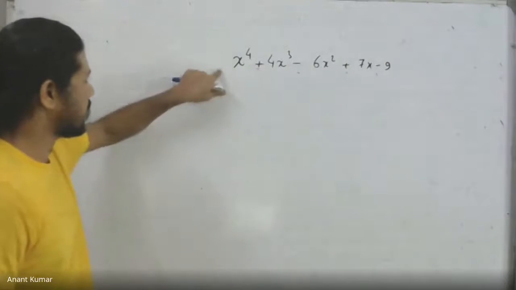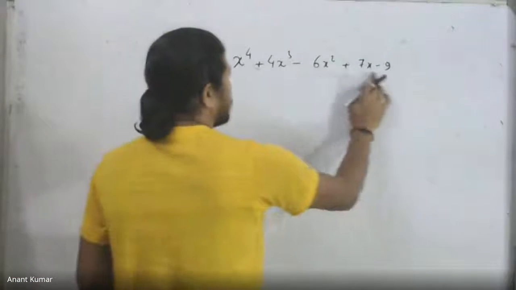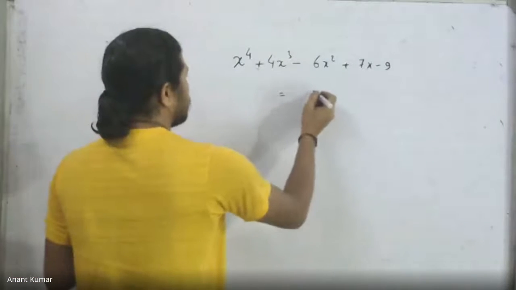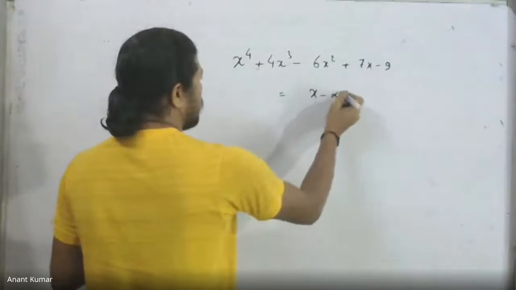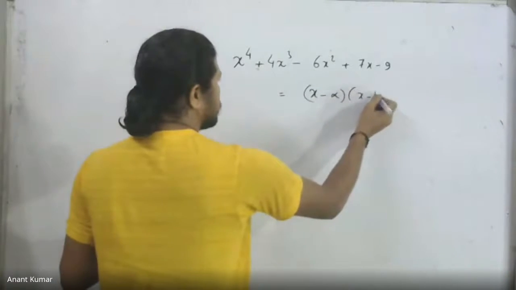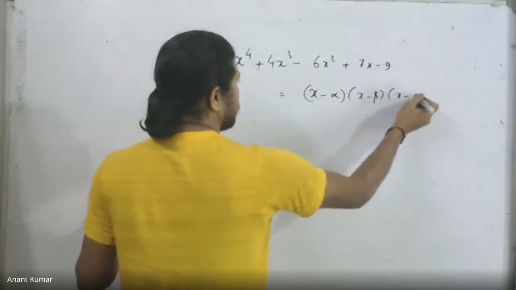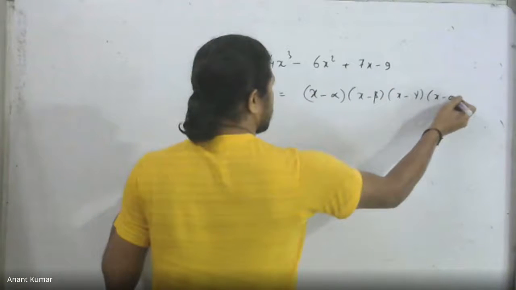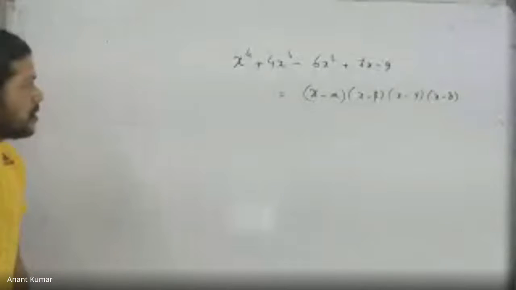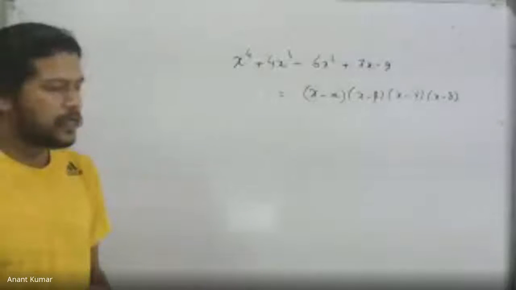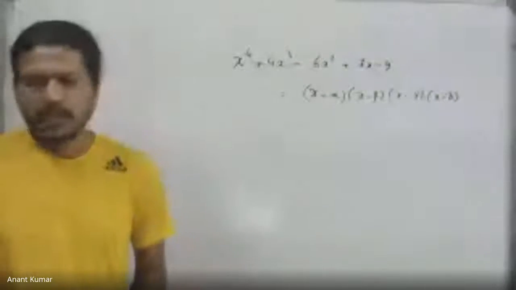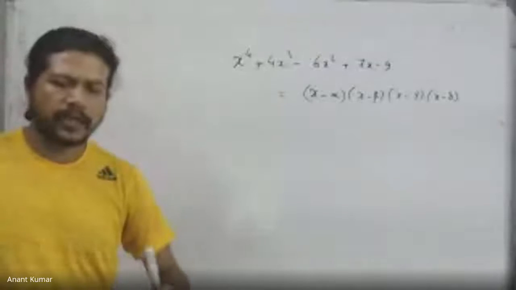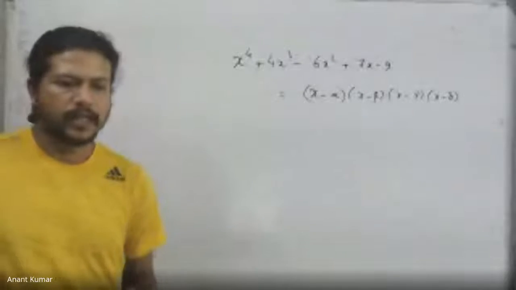The leading coefficient is just one, so we could factorize it as x minus alpha into x minus beta into x minus gamma into x minus delta, because they are the roots. Now, because this is an identity, it is true for the roots as well, and it is true for all other values of x.